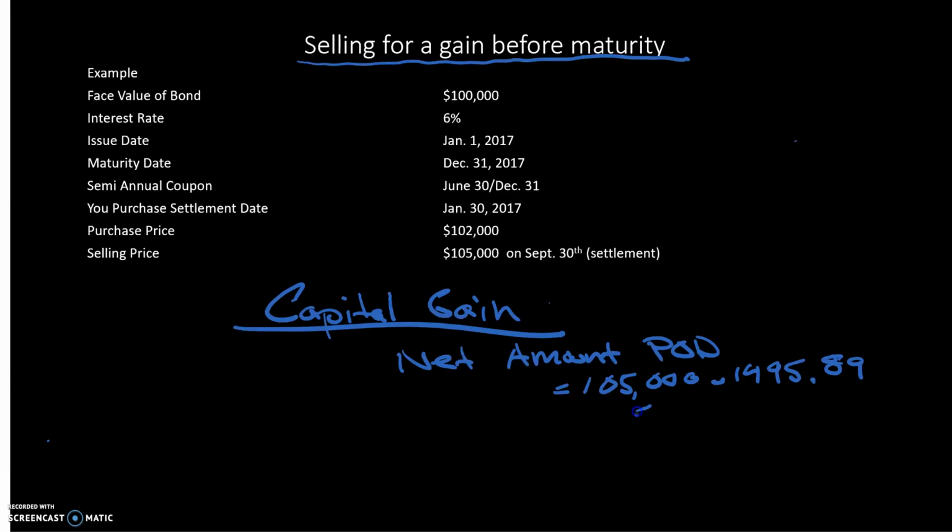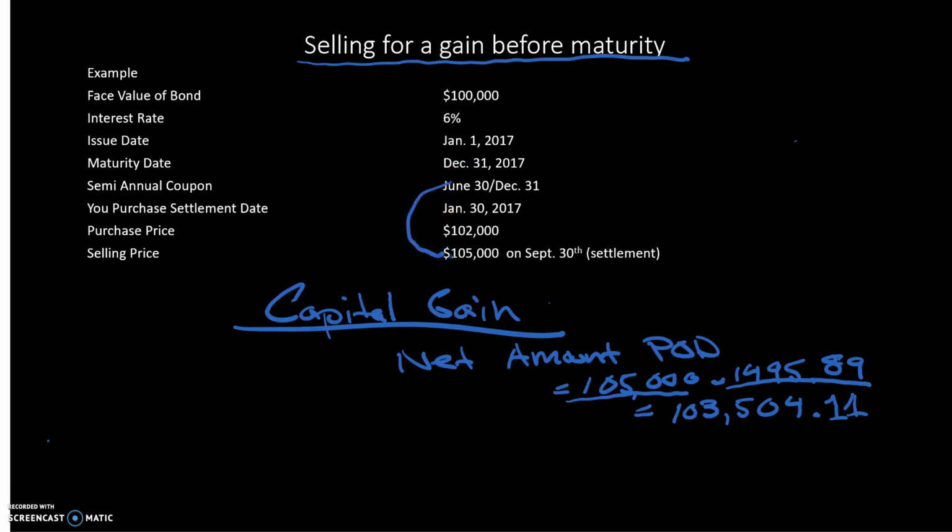So the net amount of POD is approximately $103,500, $103,504.11. This is the first number we need. It's the selling price minus the actual accrued interest that was due to me in between these two periods of time.